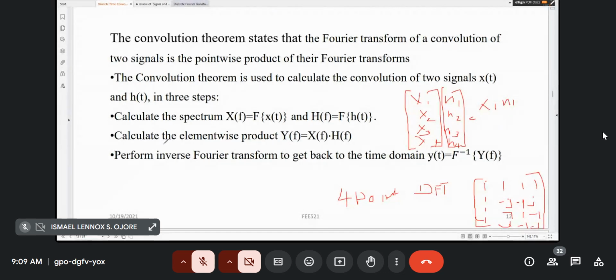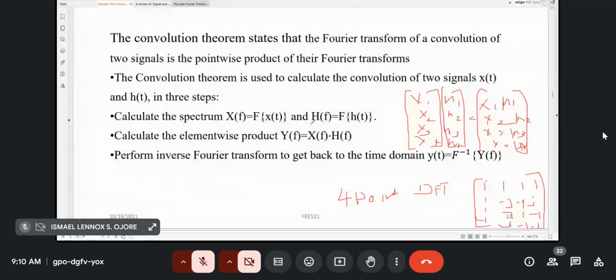That's what you're talking about, element-wise product. So it becomes easy to do this.